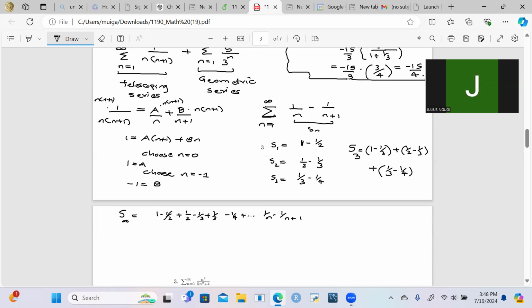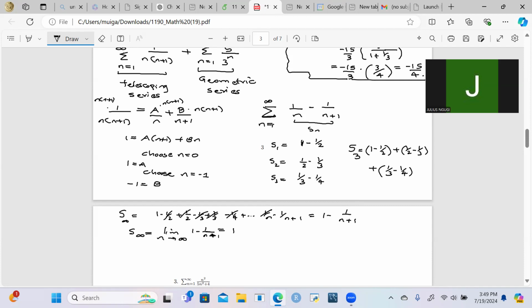You find that the terms cancel each other, and you'll be left with 1 minus 1 over n plus 1. So to find the sum, we find the limit. So s becomes the limit as n grows of 1 minus 1 over n plus 1, which is just equal to 1. So for the first part, the telescoping sum, the answer equals 1.